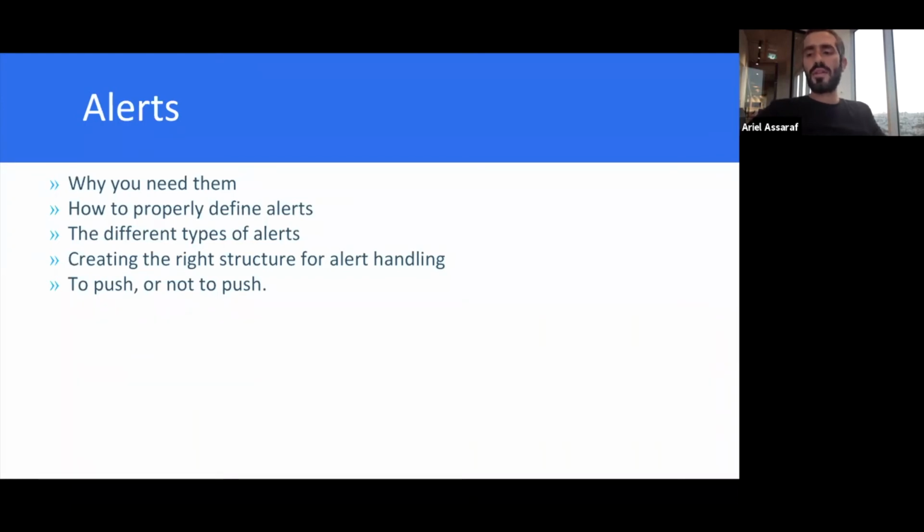These types of alerts are also very trivial, and if they're properly defined and sent to the right channel, then people know exactly what happened and why they are receiving that alert. And more than that, what it is that they should look at within the logs to solve it faster.